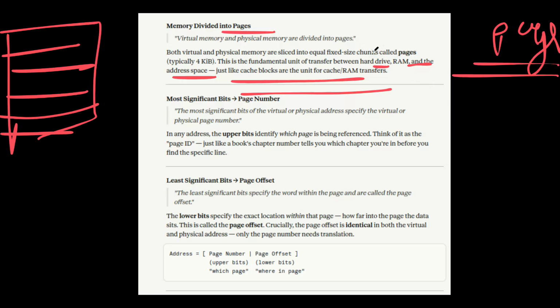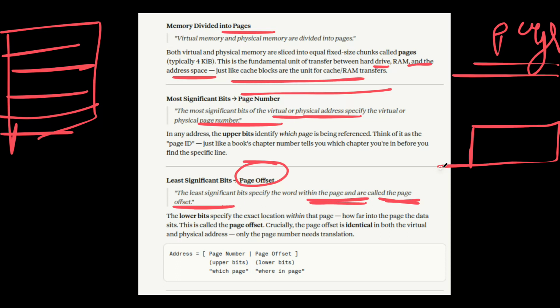Also, the most significant bits of the virtual or the physical address specify the virtual or the physical page number, and the least significant bits would be my page offset. The least significant bits specify the word within the page and are called the page offset.